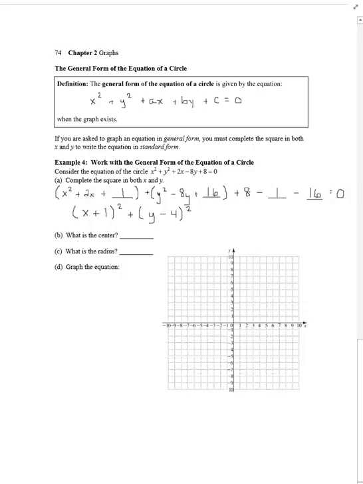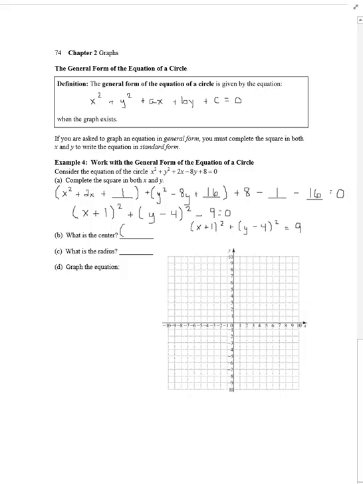So we have 8 minus 16 is negative 8, minus another 1 is negative 9 equals 0. And then all we have to do is move the 9 over and we're in standard form. So our standard form is x plus 1 squared plus y minus 4 squared equals 9.